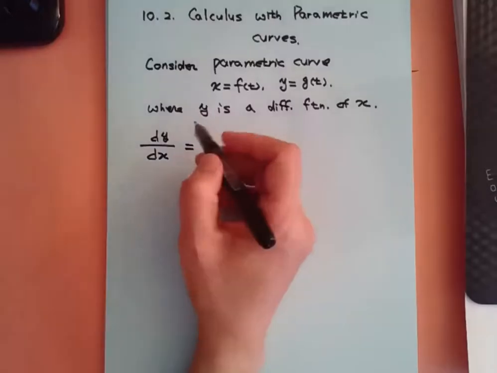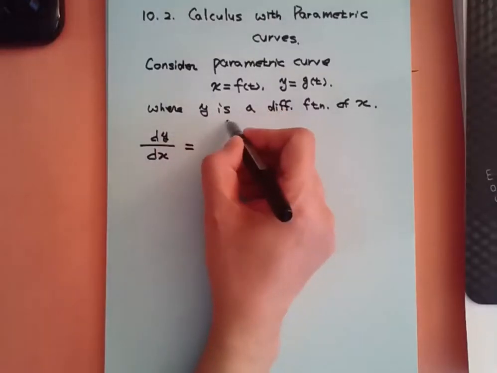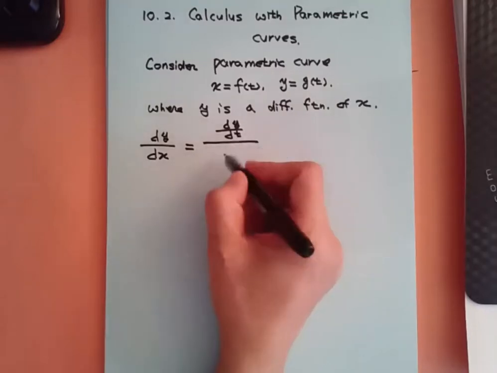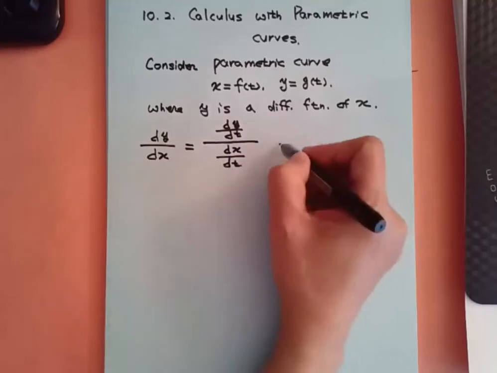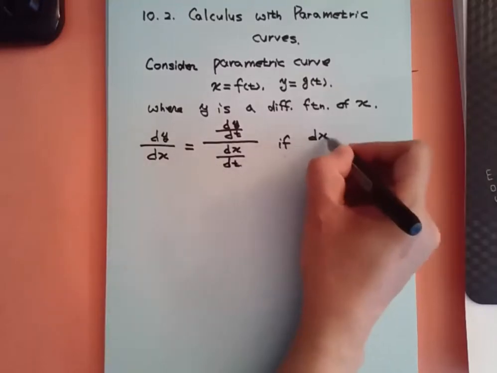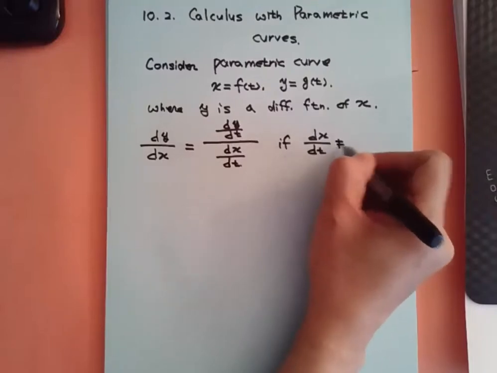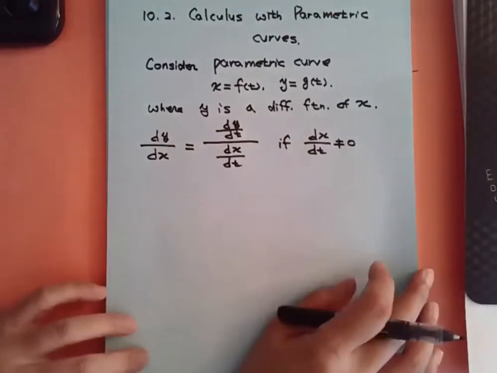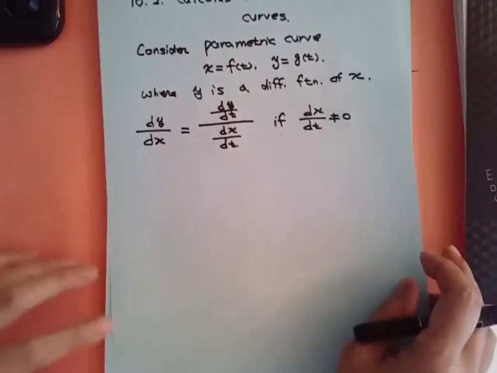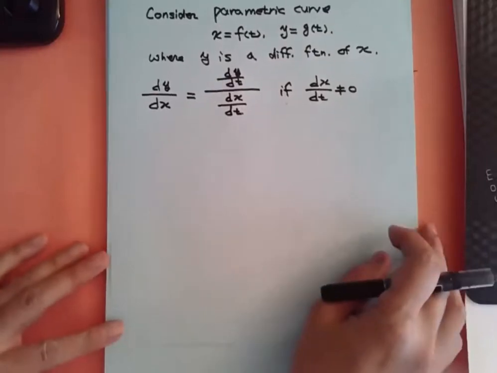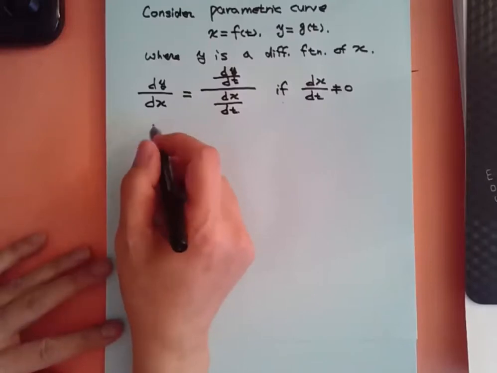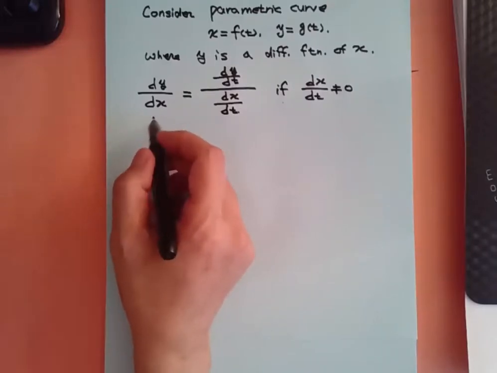So for dy, we want to calculate dy over dt, and for dx, we want to calculate dx over dt, if dx over dt is not equal to 0, because if that is 0, then the denominator is 0 and that is undefined. This is the first derivative of the parametric curve.